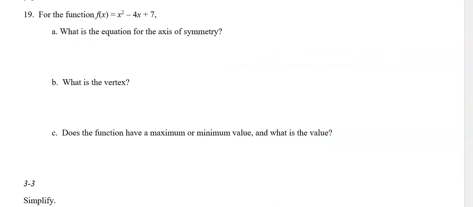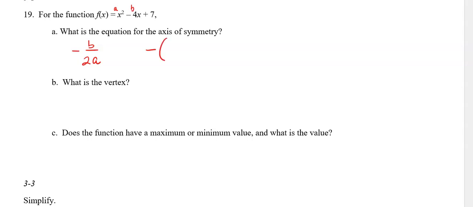All right. What is the equation for the axis of symmetry? Well, here is the formula to find that number. So going back to chapter 3, opposite of b over 2a. Once again, a is 1, b is negative 4.